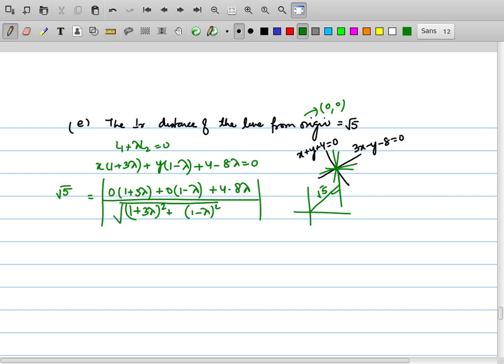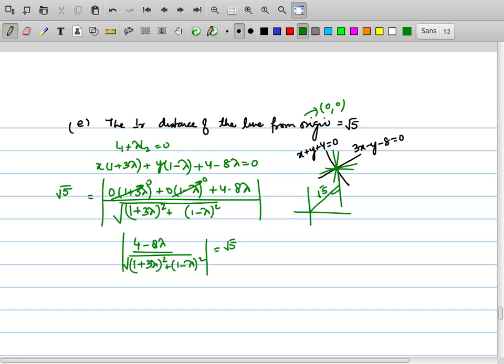Now this is 0, this is 0, and this becomes 4 minus 8 lambda upon the square root of (1 plus 3 lambda) whole square plus (1 minus lambda) whole square, equal to root 5.